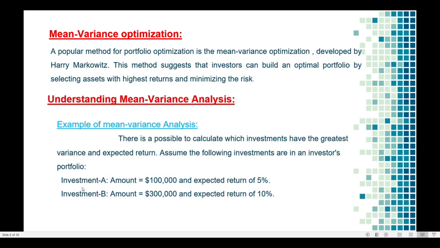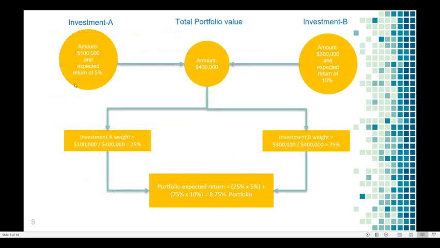Let us assume we made two investments. For the first investment, we invested $100,000 with an expected return of 5%, and then we made another investment of $300,000 with an expected return of 10%. So the total portfolio value is $400,000.